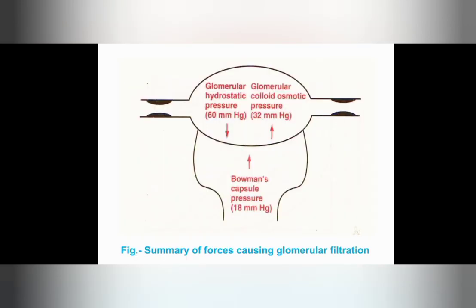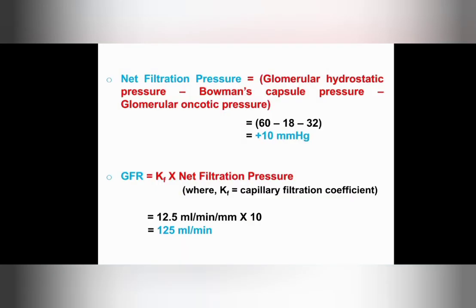Now, how to calculate? The forces are given there: glomerular hydrostatic pressure, which is favoring; glomerular capillary osmotic pressure and Bowman's capsule pressure, which are not favoring. Now what is the sum total? The net filtration pressure is the sum total of all these forces.